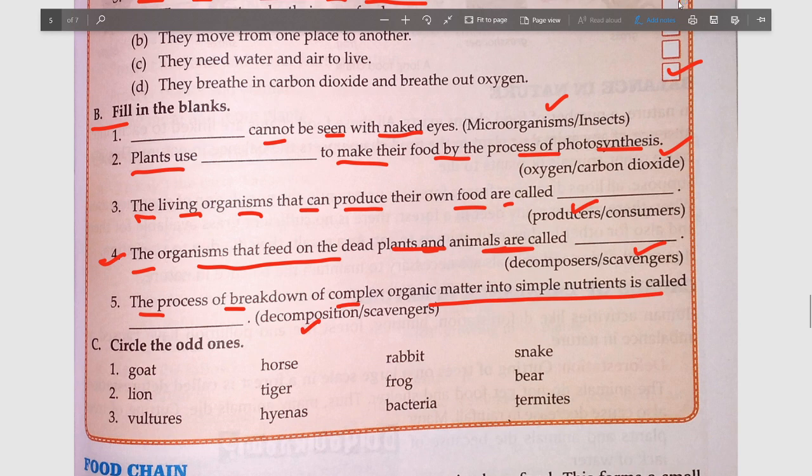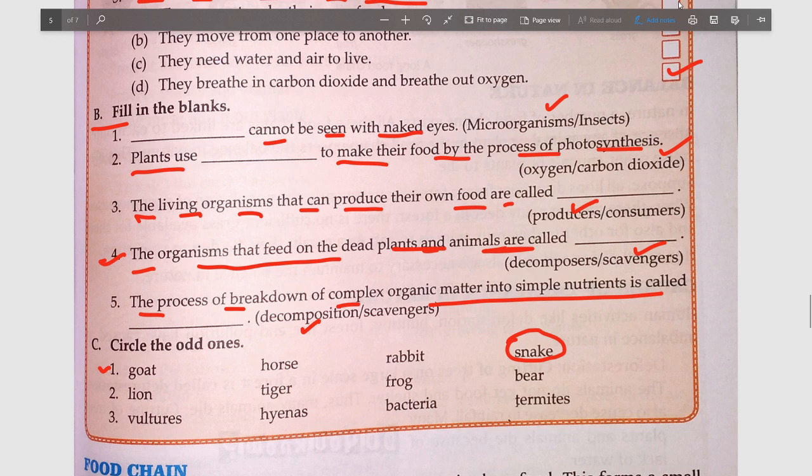Now circle the odd ones. If we talk about the first question: goat, horse, rabbit and snake. Goat is herbivorous, horse is herbivorous, rabbit is herbivorous, but snake is the odd one because it is carnivorous. Yes. Okay.